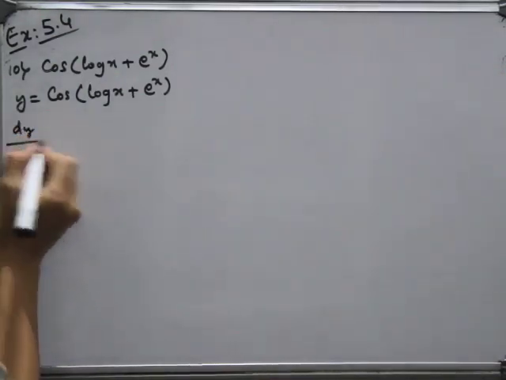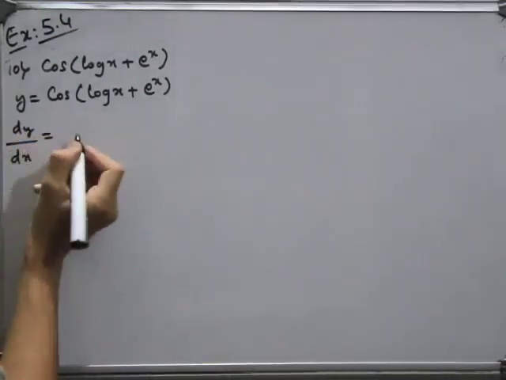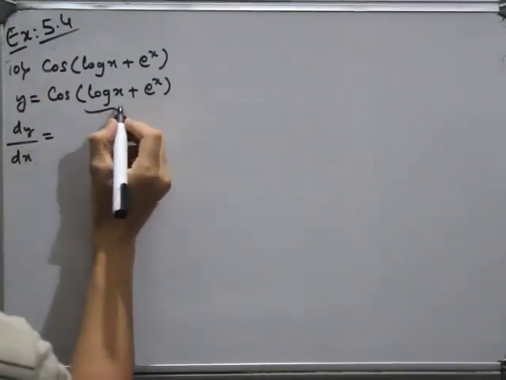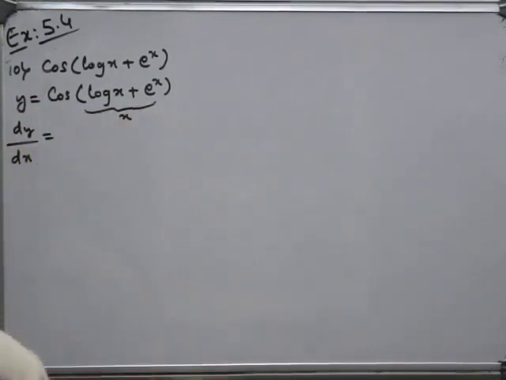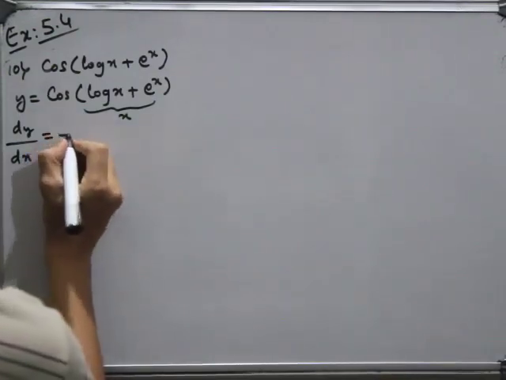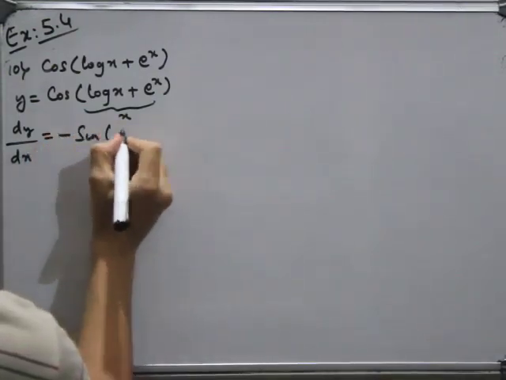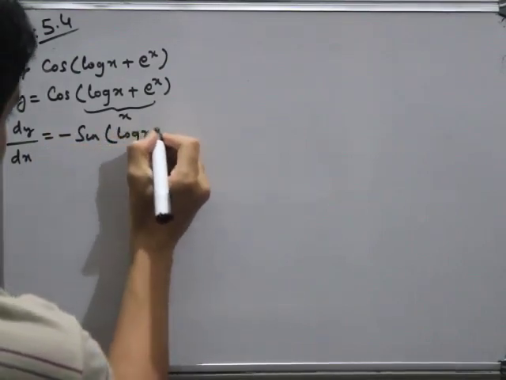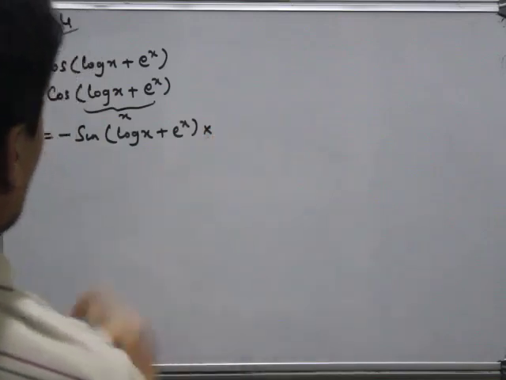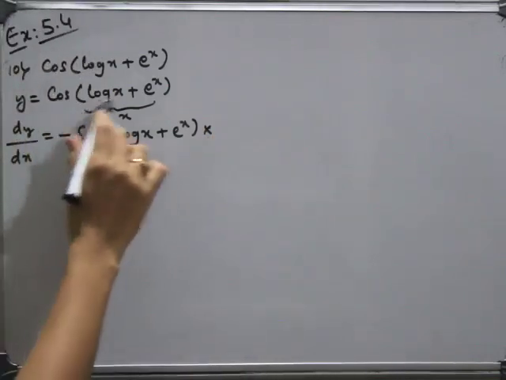Now write dy by dx is equal to, differentiate the cos function and consider these two as x. Differentiation of cos x is minus sin x. So write minus sin of log x plus e to the power of x into the differentiation of this function.